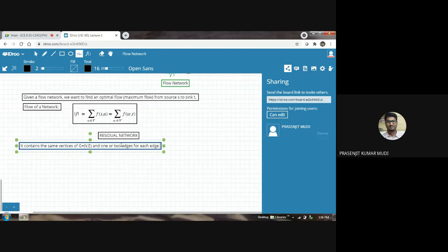Okay, so one or two edges for each edge U comma V in G, satisfying the following rules.